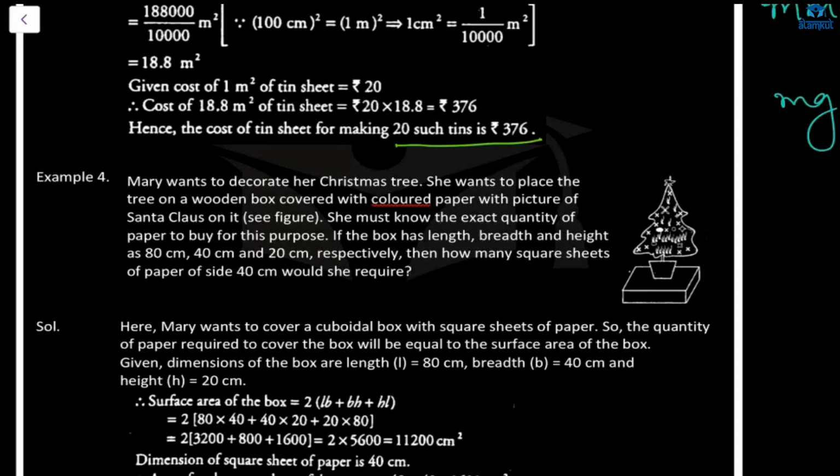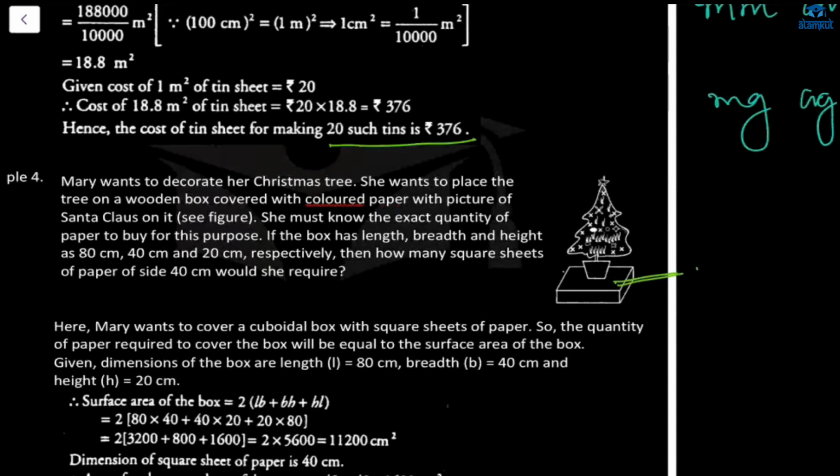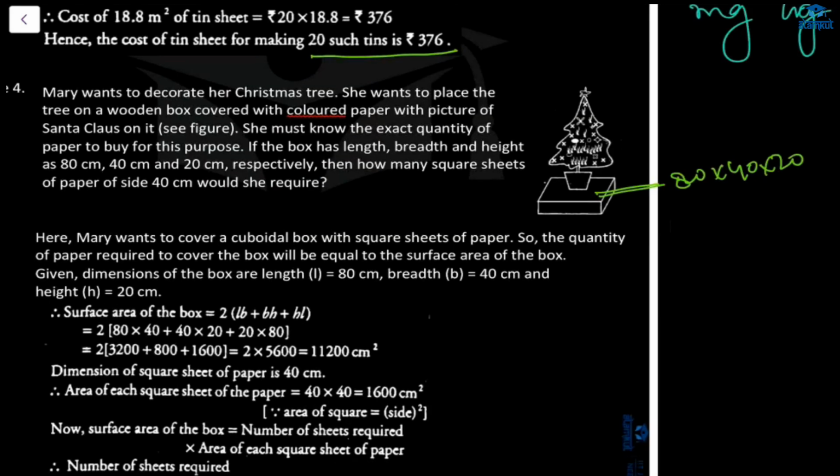So how are we going to solve this? This box's length, breadth, and height is 80 multiplied by 40 multiplied by 20. How many square sheets of paper of side 40 centimeters would she require?